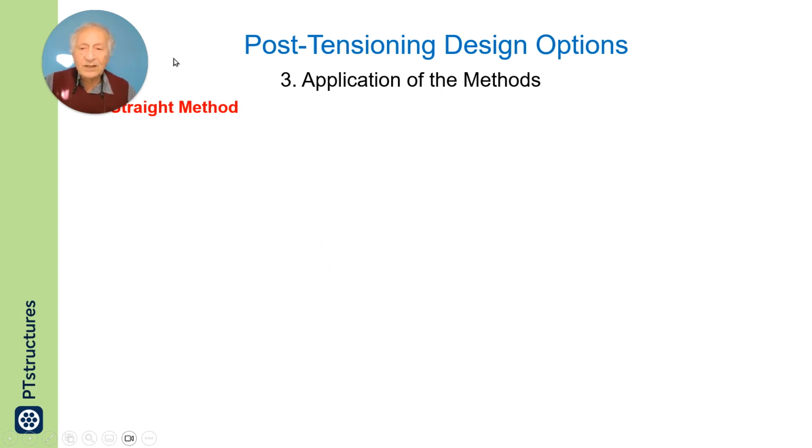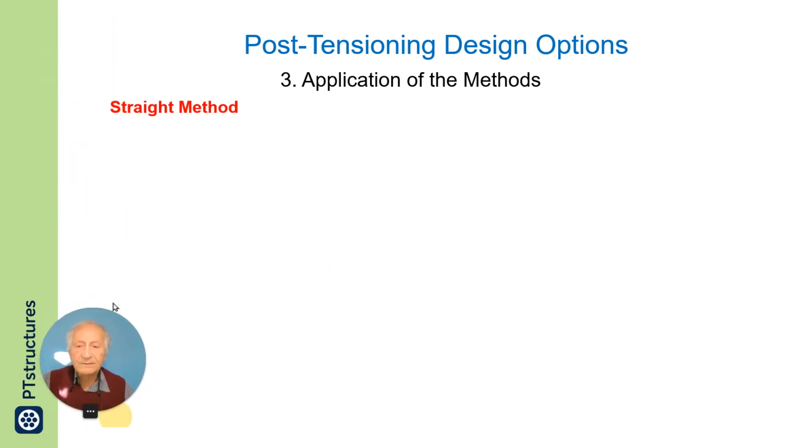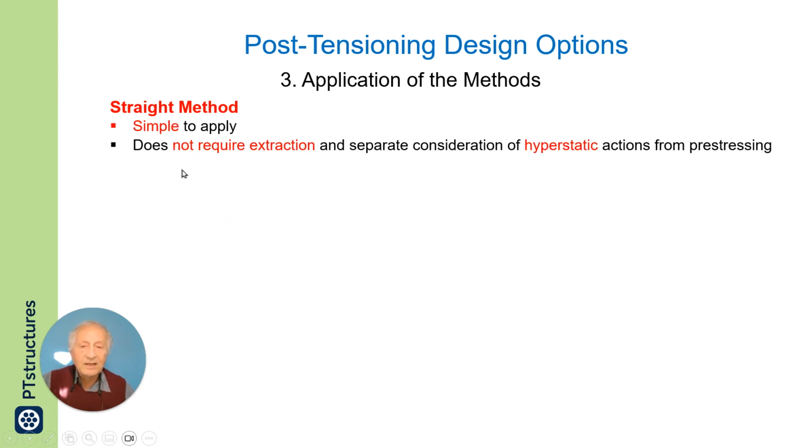Now, what is the application of these methods? The straight method is very simple to apply. It doesn't require extraction and separate consideration of hyperstatic or secondary actions from pre-stressing.